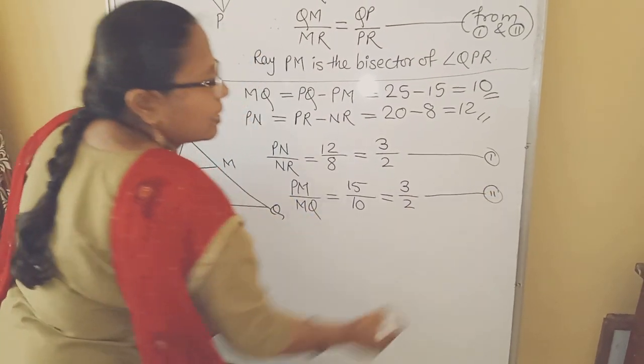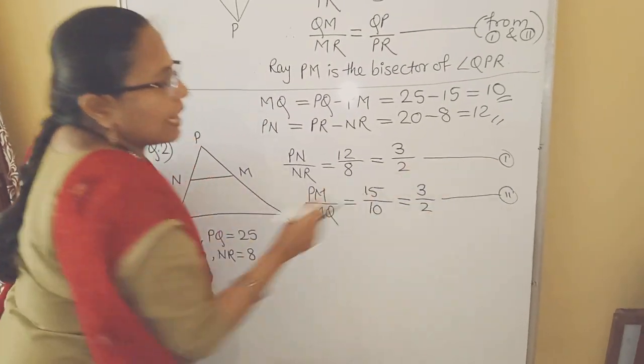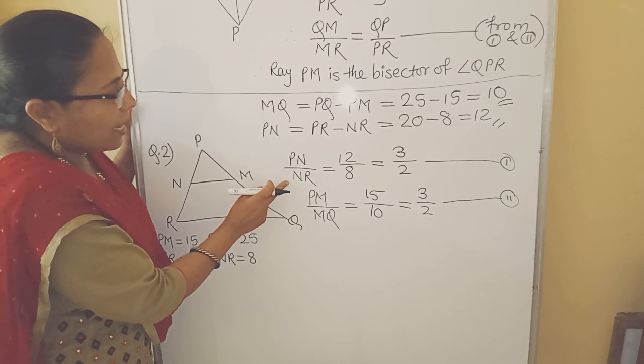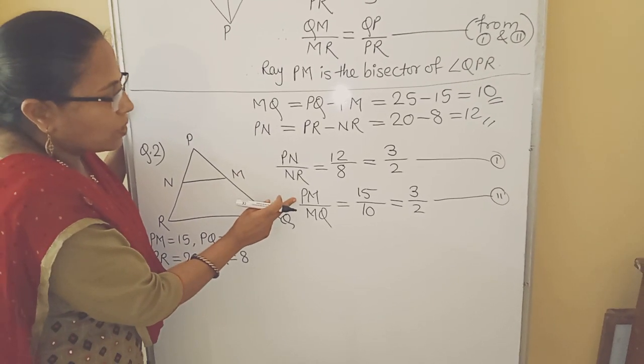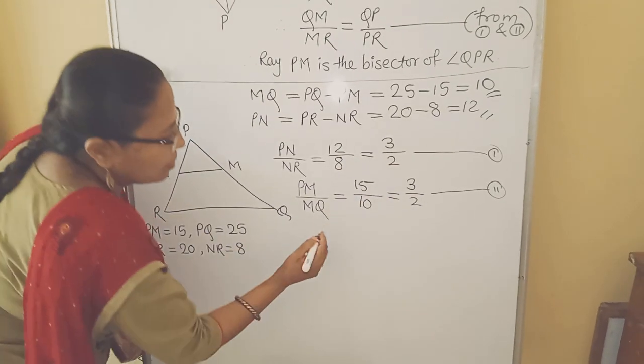This is our statement number 2. Now from the first and second statements, we come to know that this ratio PN upon NR is equal to PM upon MQ. Both are having equal values.